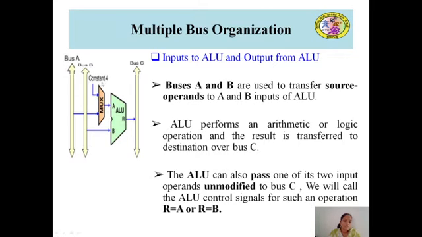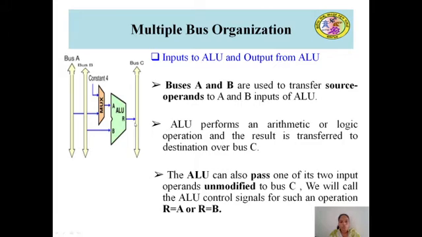This constant 4 helps in incrementing addresses like memory addresses, which helps in load and store operations. If we don't want such operations, we can directly select the content transferred from bus A and pass it as input to the A input of the ALU, and the other content for the ALU is transferred from bus B. The ALU performs the respective operation and the result is transferred to the destination using bus C.